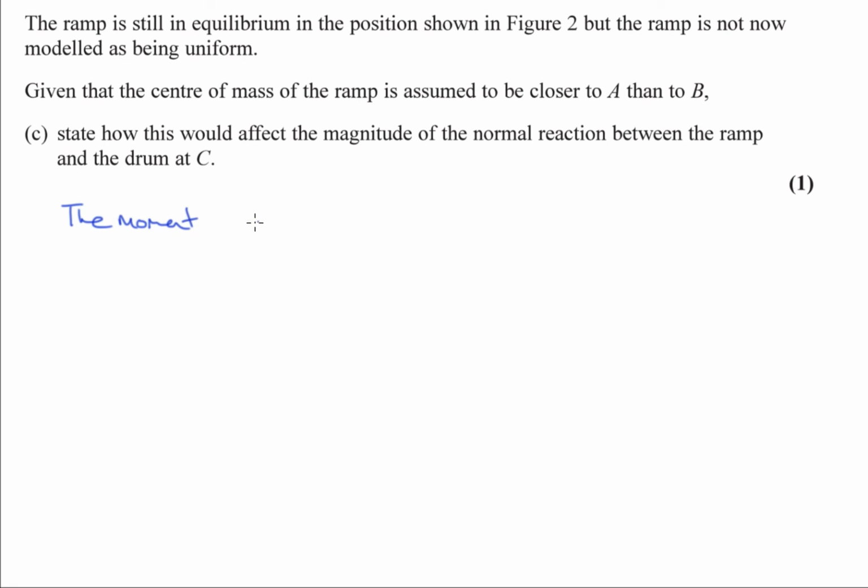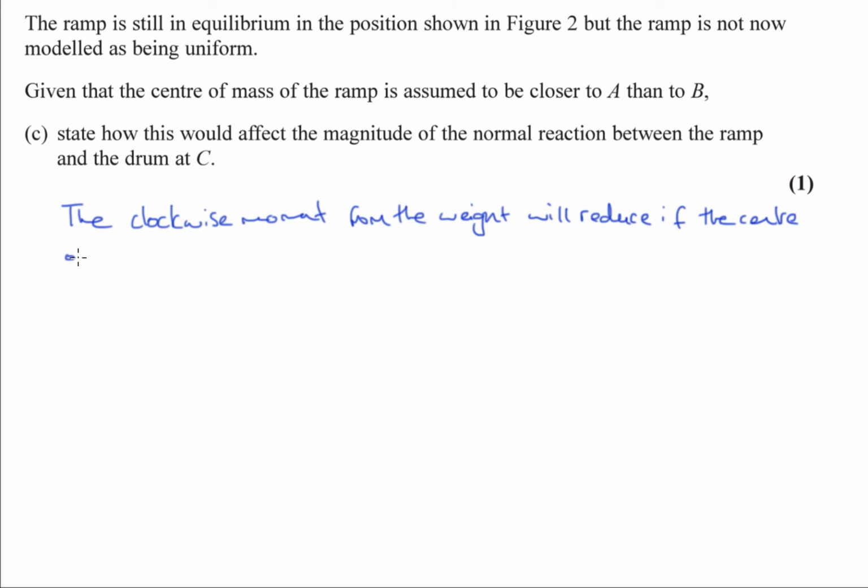So the clockwise moment from the weight will reduce if the centre of mass is closer to A. Therefore, the reaction at C will also reduce because they're equal.